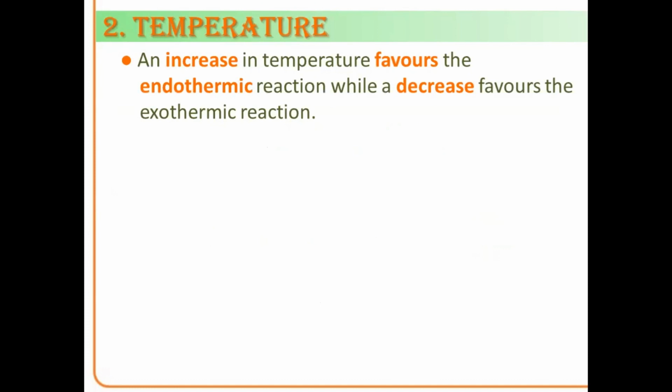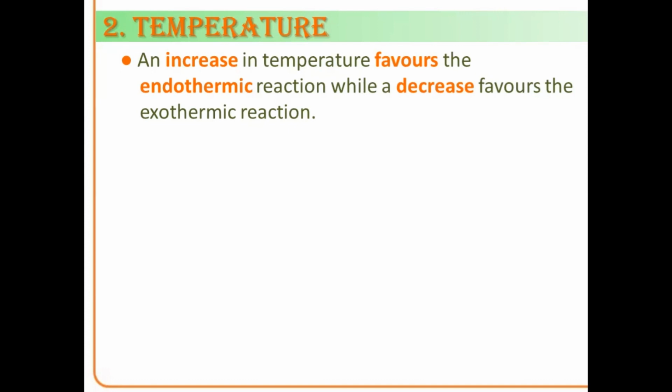And you also know that an exothermic reaction gives out heat, and the temperature of the surroundings is going to increase. So when we increase the temperature, we are going to favor the reaction that takes away that added heat. And when we decrease the temperature, we are going to favor a reaction that replaces that heat.